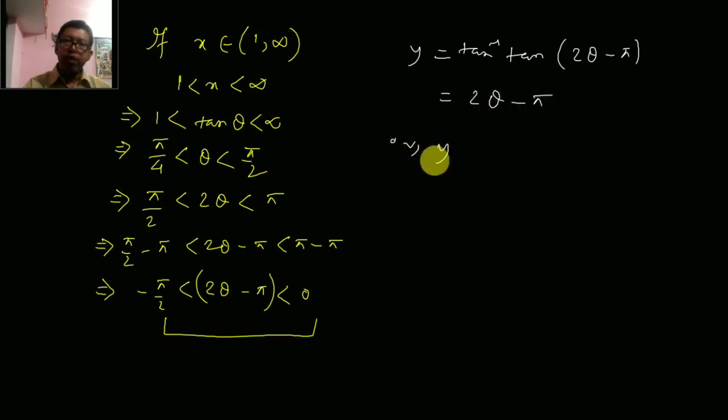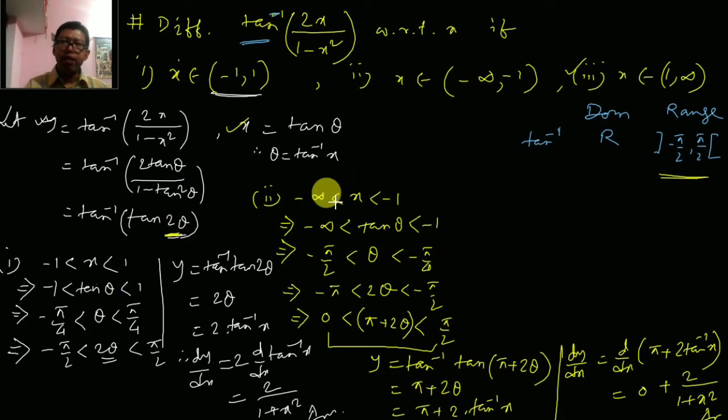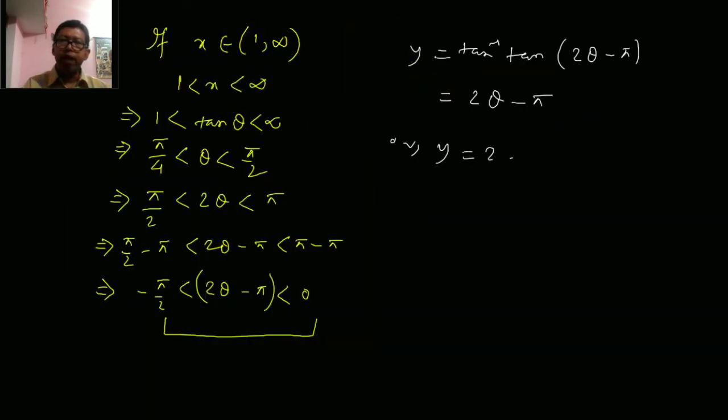What is theta? In the previous page it is written theta is equal to tan inverse of x. So y is equal to 2 tan inverse of x minus pi.